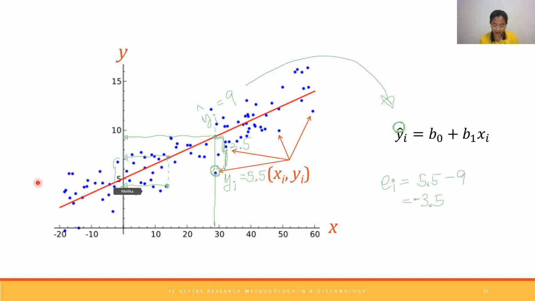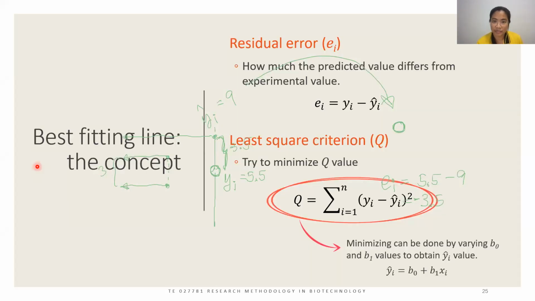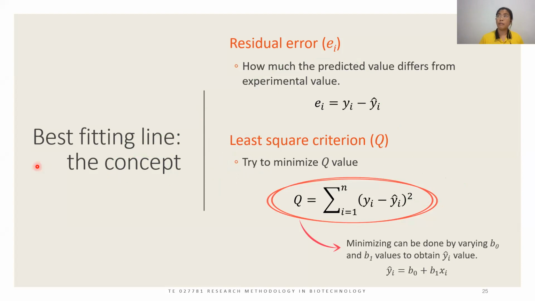The difference there is about 3, so that is another residual error. So the first concept here, some of you might get the idea now, is that the line that best fits the experimental data must have very small errors, right?